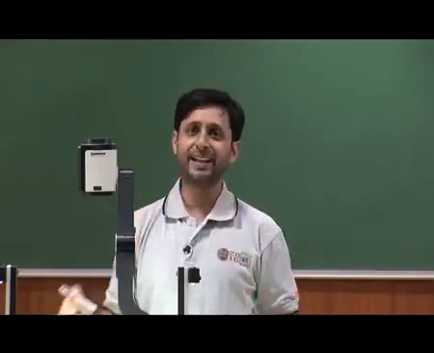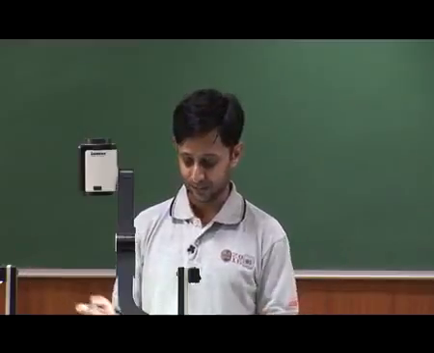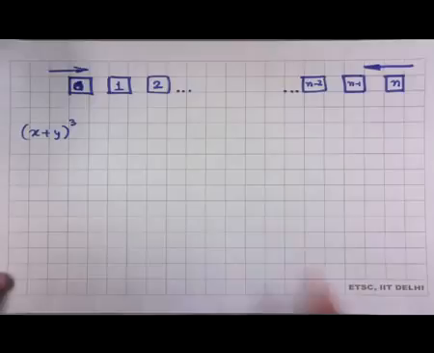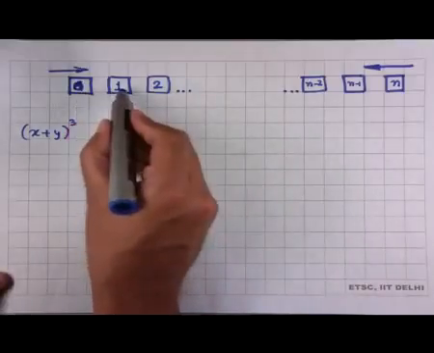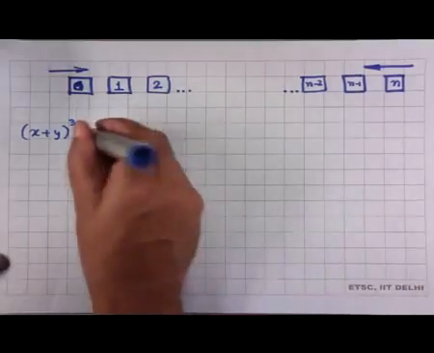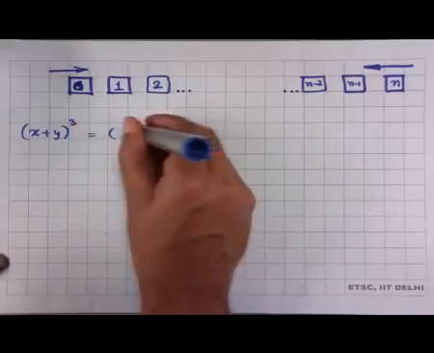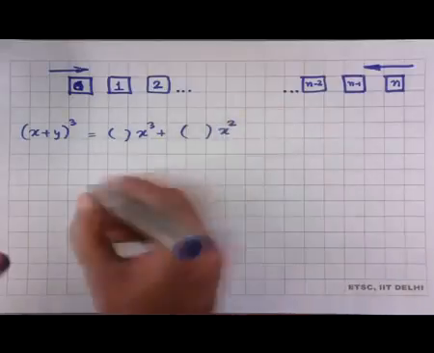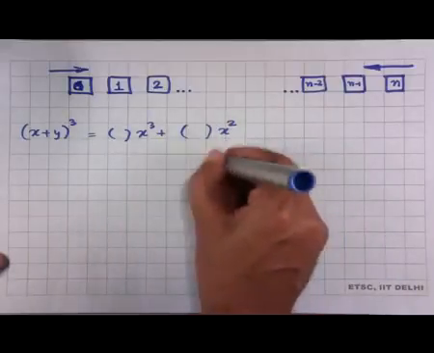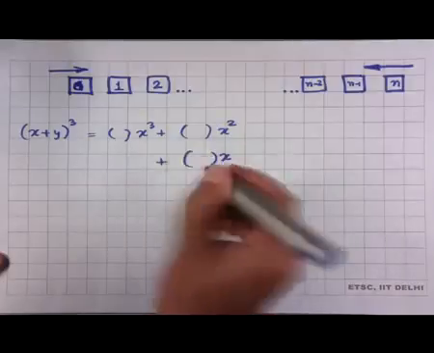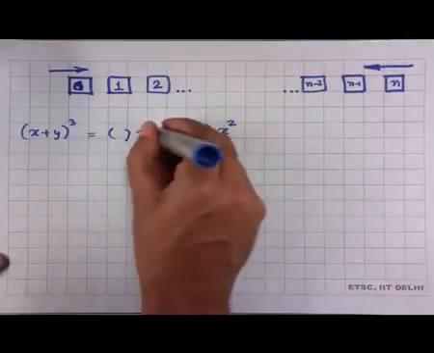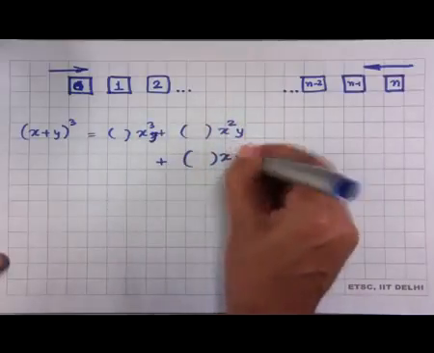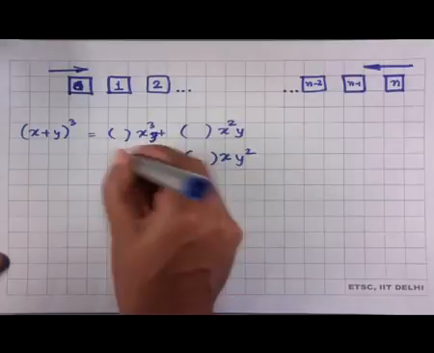So, if n happens to be odd, for example, if you are dealing with x plus y whole cube, you know what happens, you get 0, 1, 2, 3, that is it: something into x cube plus something into x squared, and then something into x, and then something into y cube.